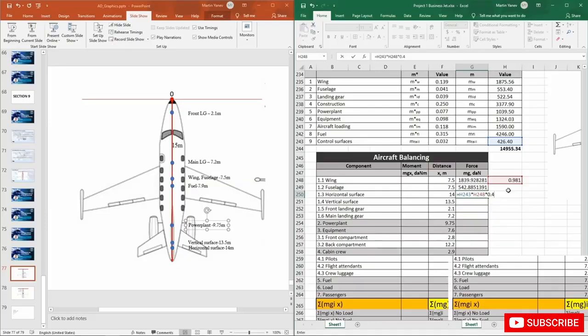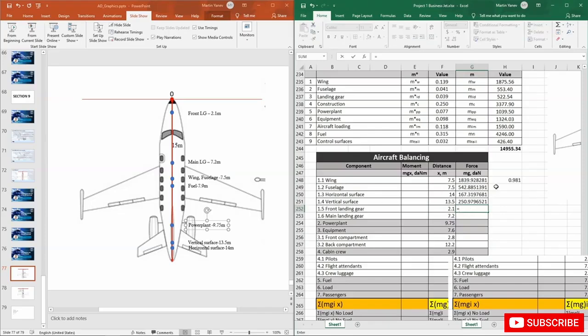of the weight of the tail, while the vertical surface is heavier and takes 60%. So that's it here. Then the vertical surface is going to be equal to, again, the control surface multiplied by the Earth's acceleration multiplied by 0.1 multiplied by 0.6. And this is basically the force produced by the vertical surface.